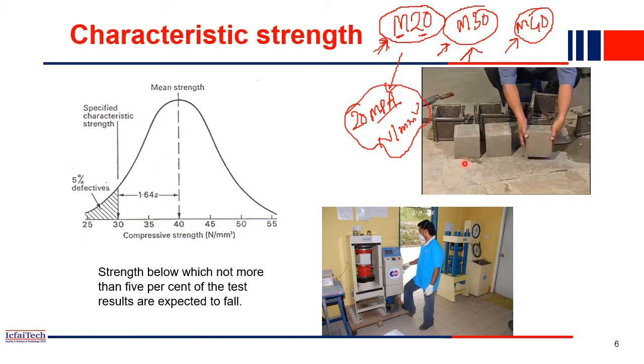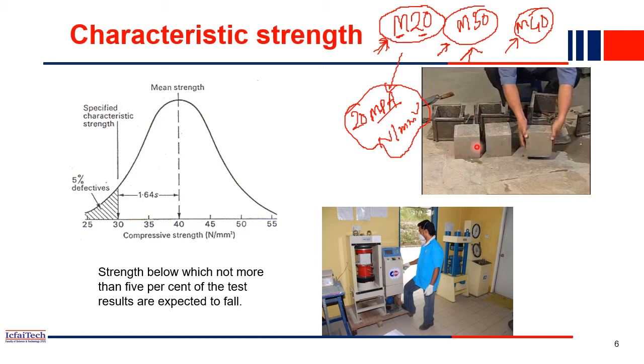So once you perform this experiment, you will find that all the concrete cubes have different strengths. Although all concretes are made for 20 MPa, so the compressive strength should be 20 MPa. But if you perform experiments in reality, you will find each cube will have different strengths. Some will have 21, some will have 22, some will have 18, some will have 19. So all concrete cubes will have different values. Why different values?